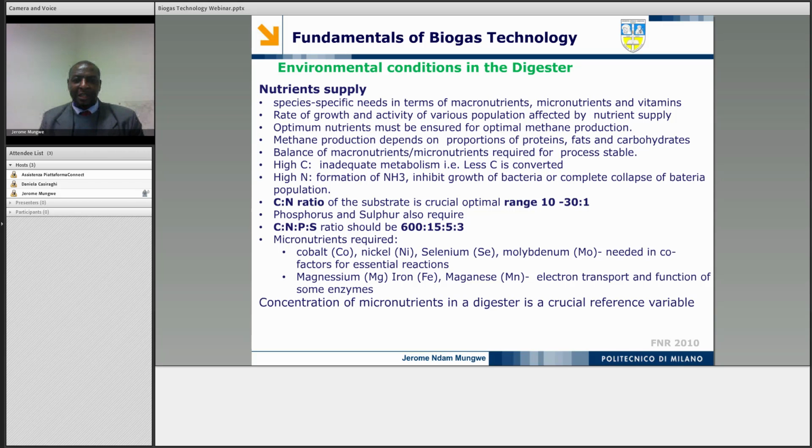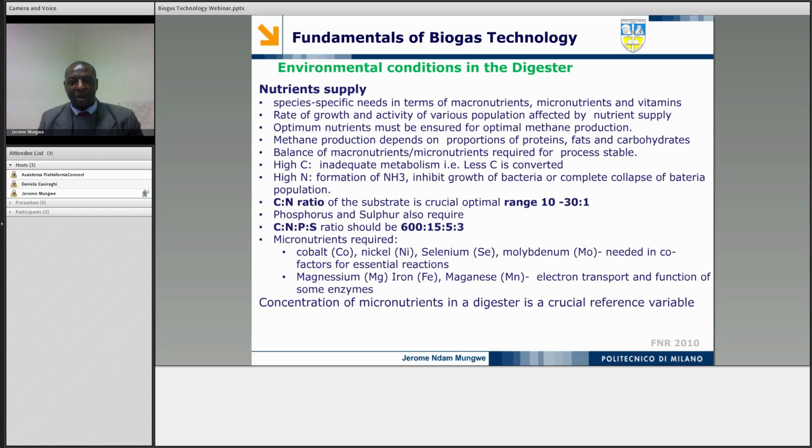Then phosphorus and sulfur are also required by the microorganisms, and a new parameter comes in, that is the CNPS ratio, whose optimum is 600 is to 15 is to 5 is to 3. And the micronutrients are mainly metals like cobalt, selenium, molybdenum, manganese, iron, and magnesium.